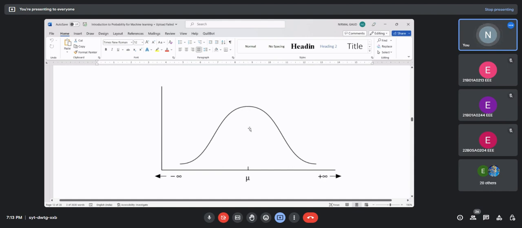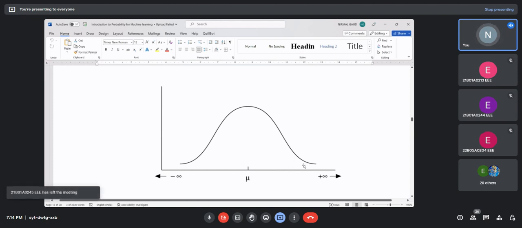The density on both sides is the same. Left of the mean, right of the mean, the distribution of the data is the same. Most of the data is concentrated near the mean of the data. And the data points which are away from the mean are shown here. This point is away from the mean, this point is away from the mean.